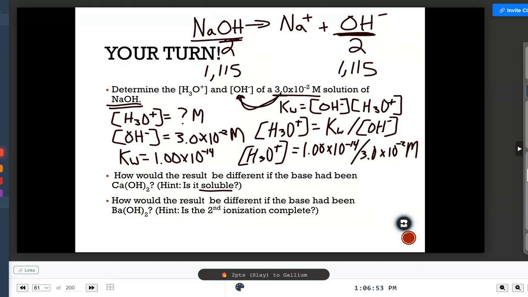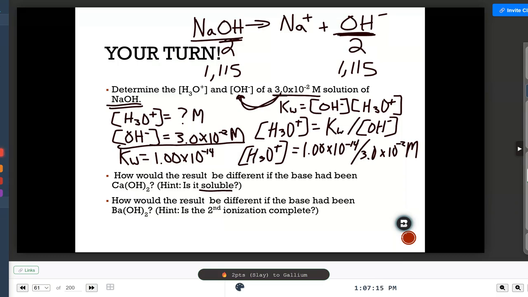So that's your work, right? You would write out your givens: hydronium ion concentration, hydroxide ion concentration, and Kw. The reason you know your hydroxide ion concentration is because your 3.0 times 10 to the negative second molar of sodium hydroxide is going to give you 1 hydroxide for every sodium hydroxide, so they have to be the same. That's why we can say that we know this one right here, okay?